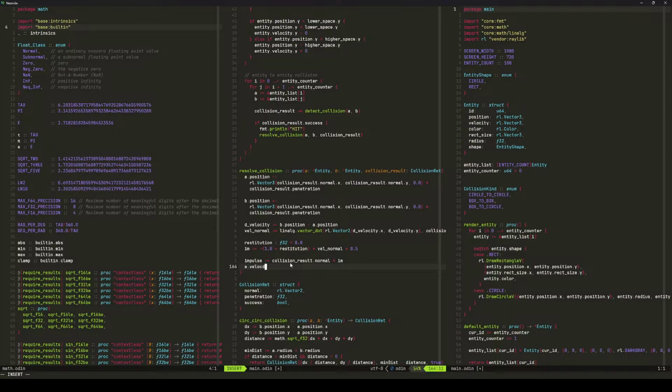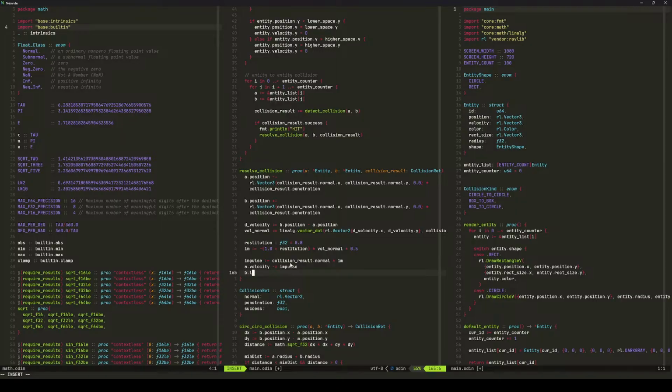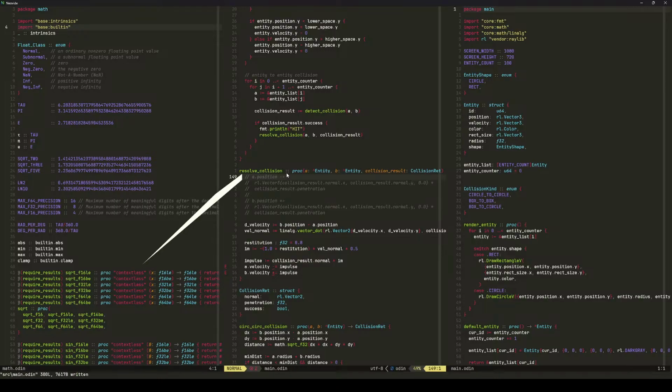Now, what I can do is probably velocity plus minus impulse b dot velocity minus plus impulse. Oh my god. This is crazy.